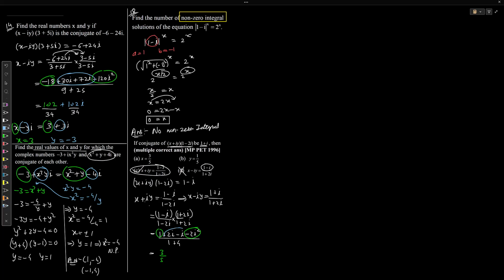And 2i minus i will be plus i by 5, which is equal to x plus iy. So from the real part, x equal to 3 by 5, which is given in option A. From the imaginary part, y equal to 1 by 5, which is given in option B. So A, B, and C are correct answers. Ta-da!